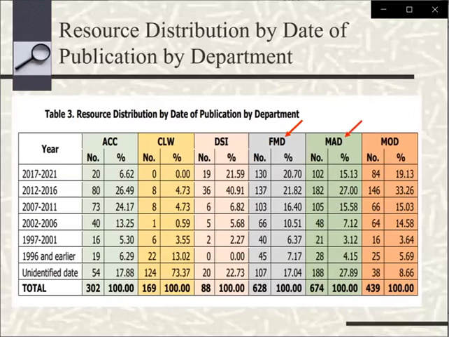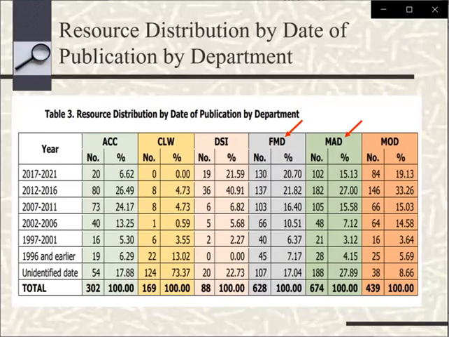Marketing courses utilize newer resource materials for their course syllabi. It can be observed in the table that of the total 674 resource materials used, 15.13% and 27% were published between the years 2017 to 2021 and 2012 to 2016, respectively.